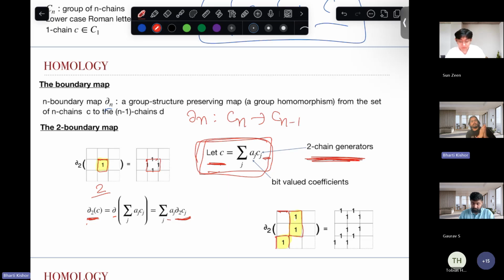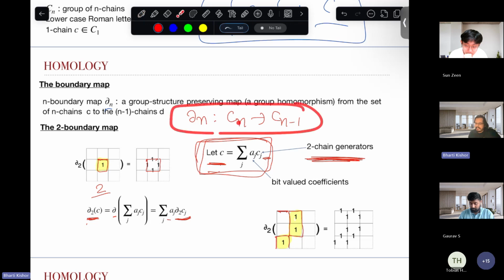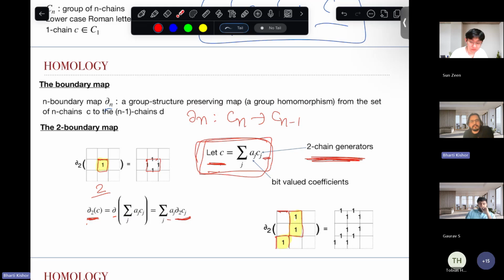So it will give you that n minus 1 chain, which is the boundary of the n chain. So that's how you look at it. In this case, n is equal to 2, and when we act it on C2, we get a 1 chain, an element of C1. So I hope that makes sense.